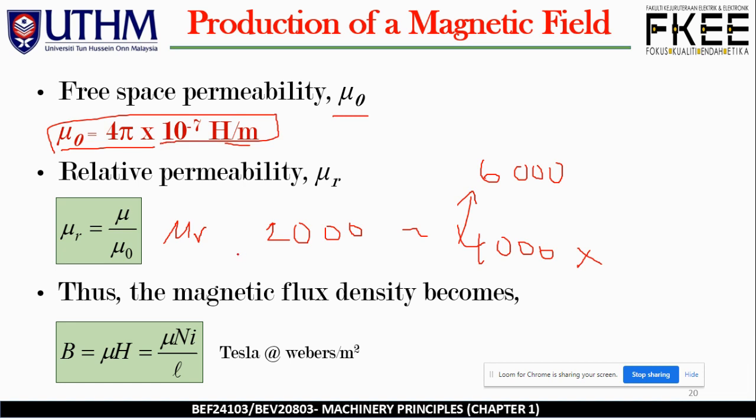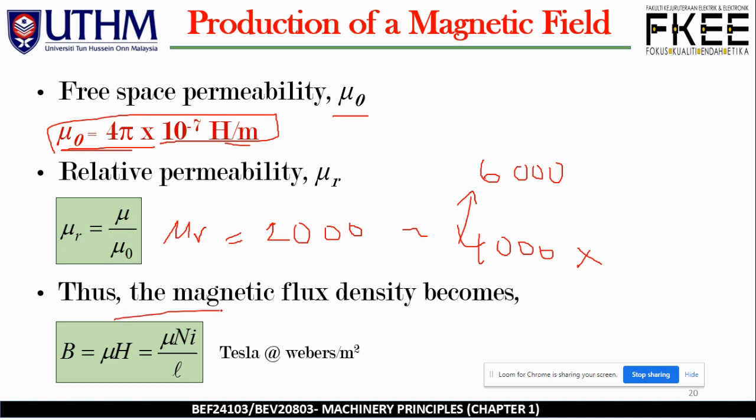So more flux will be established in steel or ferromagnetic material compared to free space permeability. So mu r equals mu over mu naught.